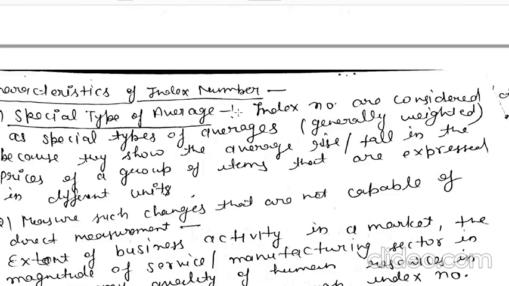So special type of average means index numbers are considered a special type of average, generally in weighted form, because they show the average rise or fall in the prices of a group of items that are expressed in different units, right?